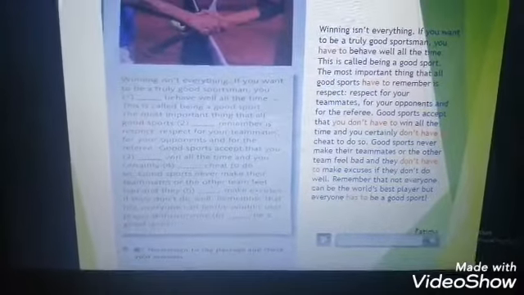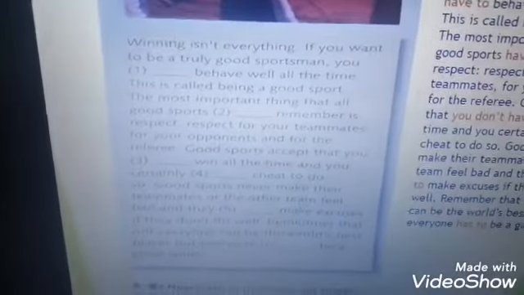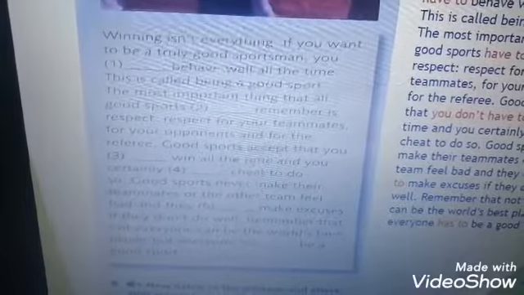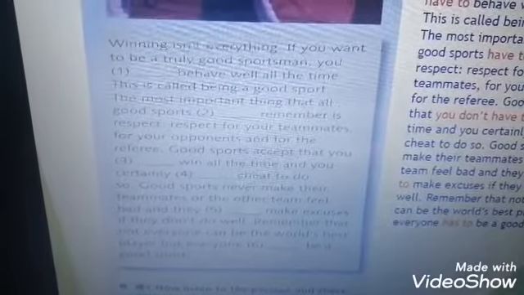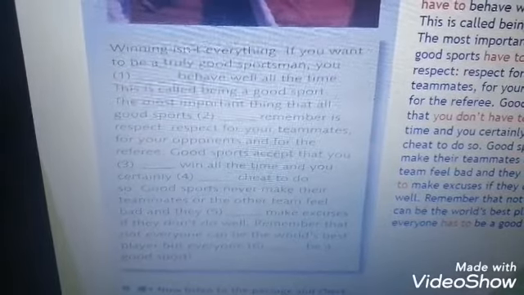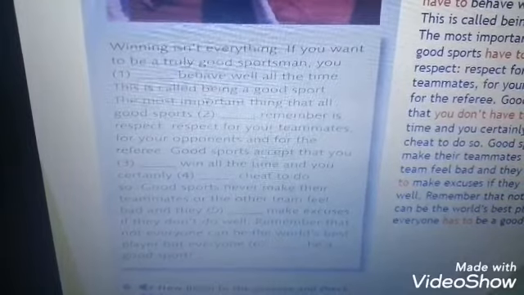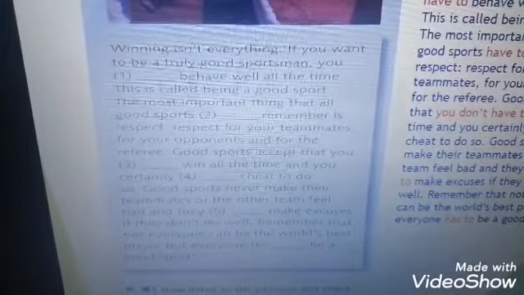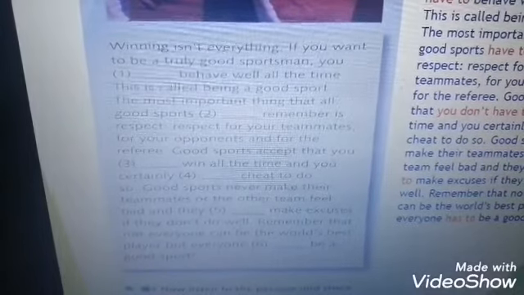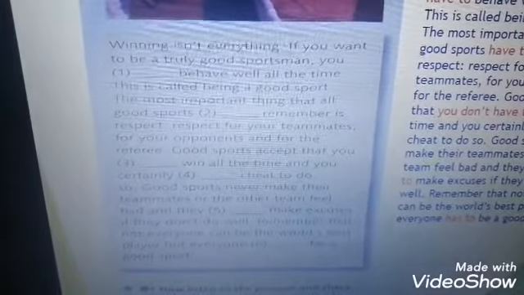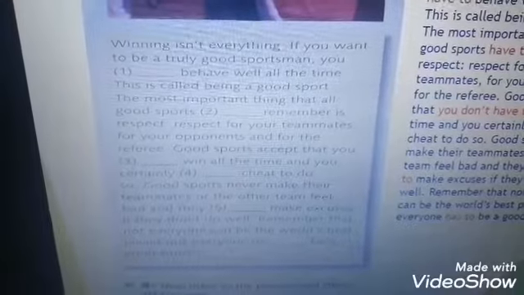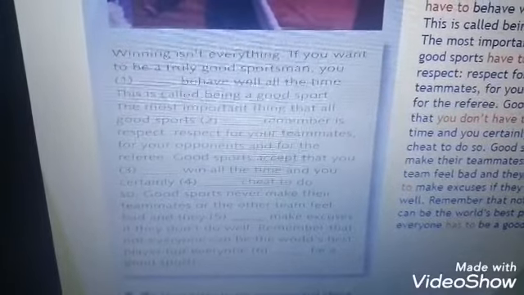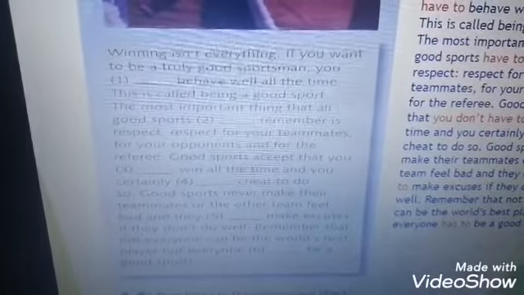Module 5, page 52, exercise 6. Winning isn't everything. If you want to be a truly good sportsman, you have to behave well all the time. This is called being a good sport. The most important thing that all good sports have to remember is respect. Respect for your teammates, for your opponents, and for the referee.